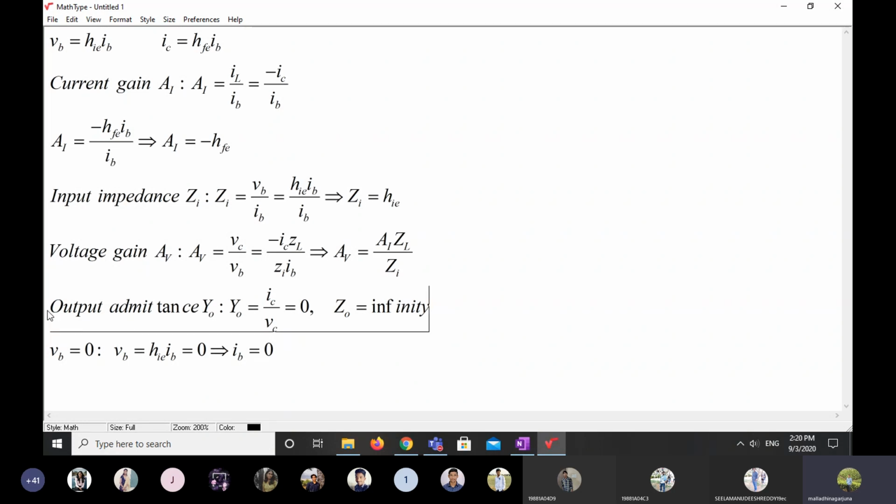So simply understand this. We should keep the input voltage at 0. If VB is 0, IB becomes 0. If IB is 0, IC is 0. If IC is 0, Y naught is 0. That is the output admittance.